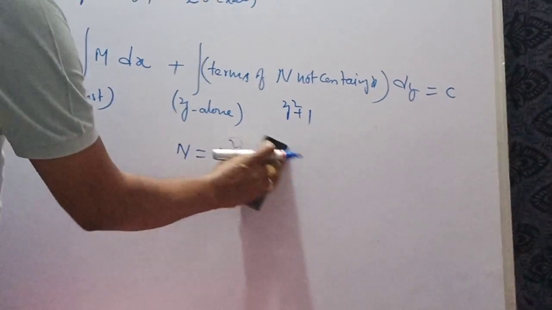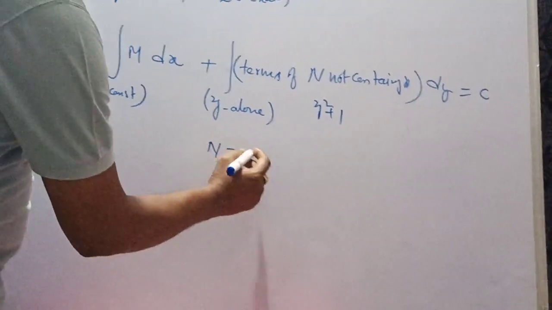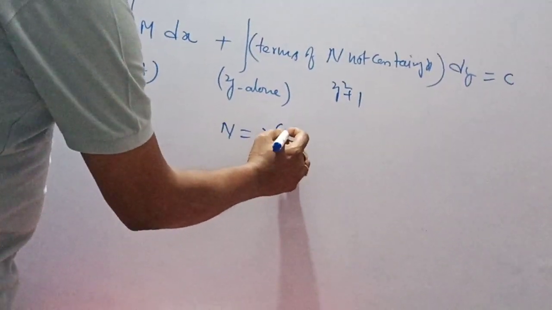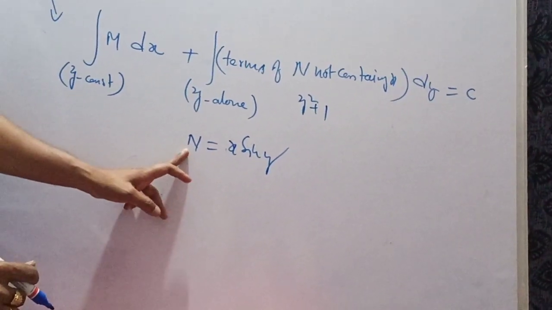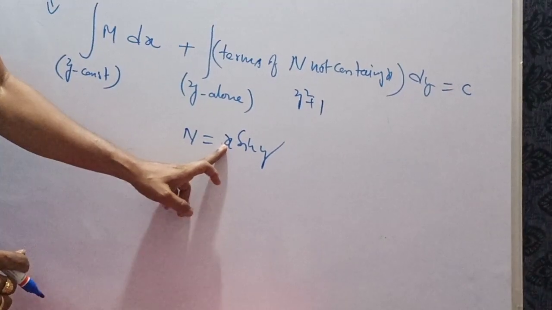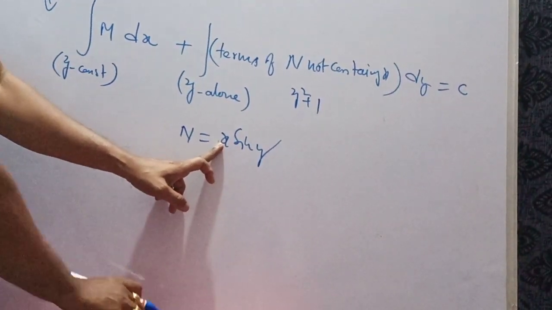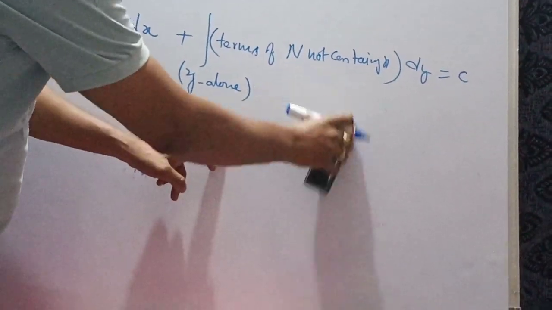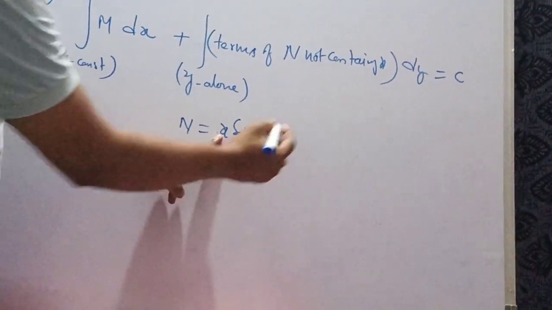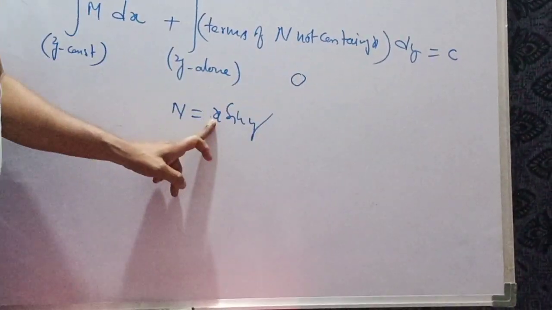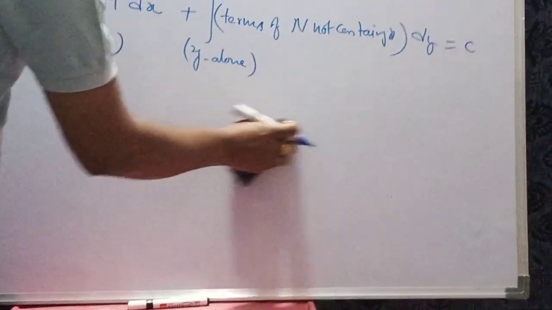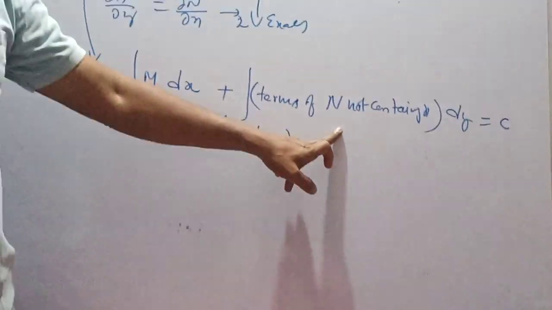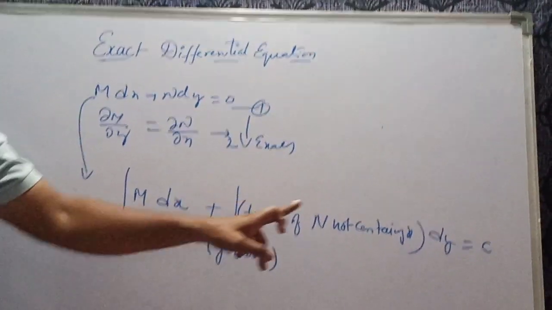Suppose N equals x into sine y. We have only one single term, and it contains x, so there is no y alone term and you take 0. Like that, you can identify the y alone functions yourself and take integrations on both sides.